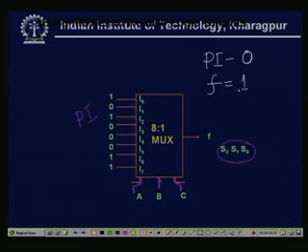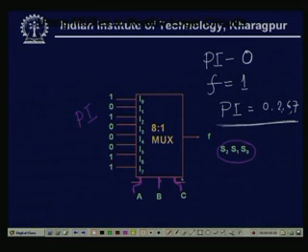Or what we can tell, say for I equal to one of the values 0, 2, 6, 7. So, for which value of ABC these values will be taken, because these are my variables.